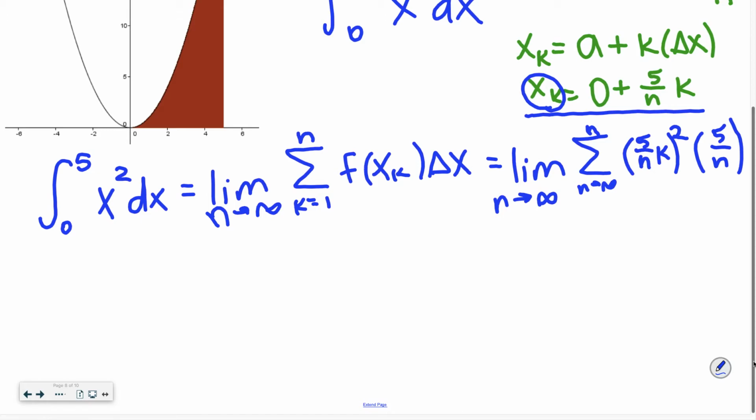Are you okay with how I set that up? Where I got all of those values from and why? Yes.